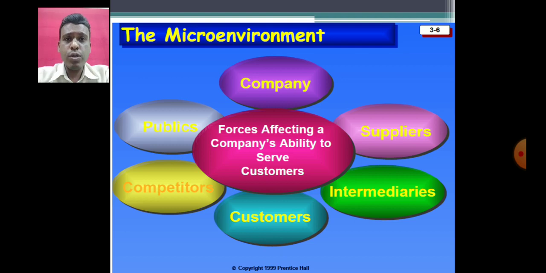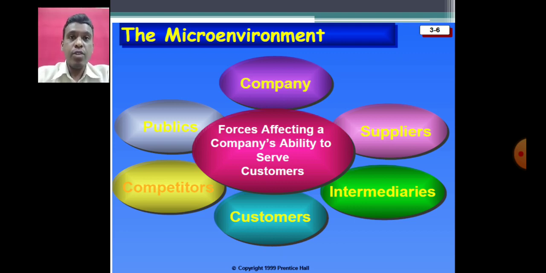Suppliers are basically those people who supply us raw materials, not only raw materials, but those things which we use to produce our products, and spare parts, assembly parts. All those people who supply us these are known as suppliers, and they are important because if there is some problem with the suppliers, it results in lesser satisfaction with our customers.